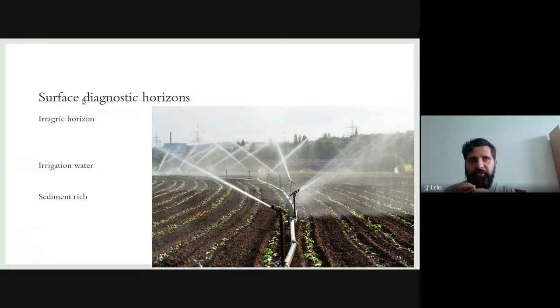We shouldn't think that soils follow a straight line of evolution. Soils and the horizons could be formed in different conditions.